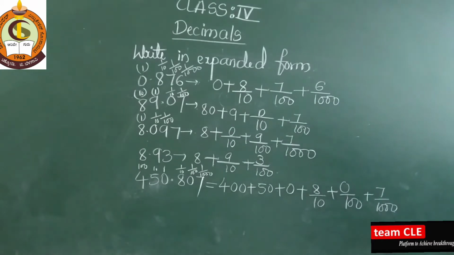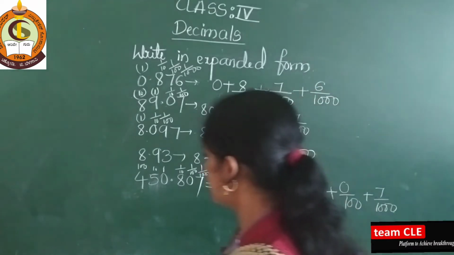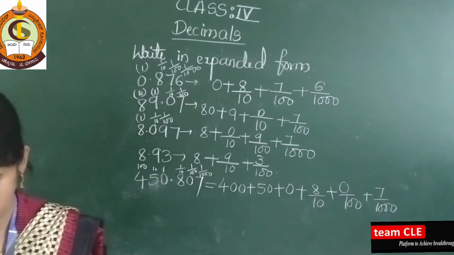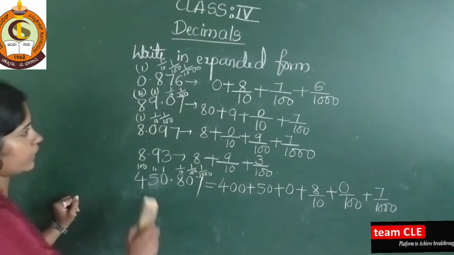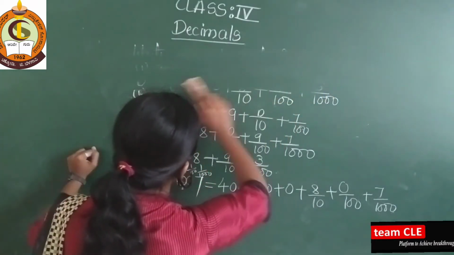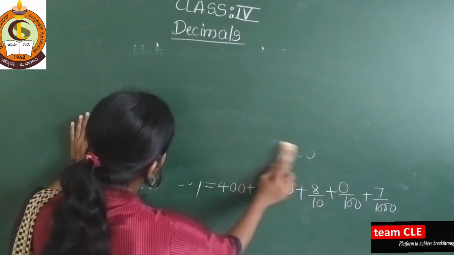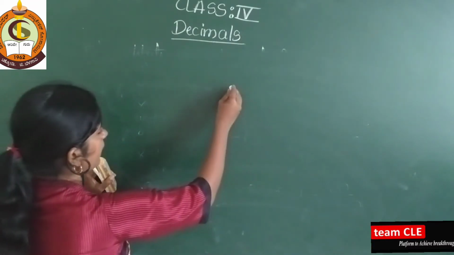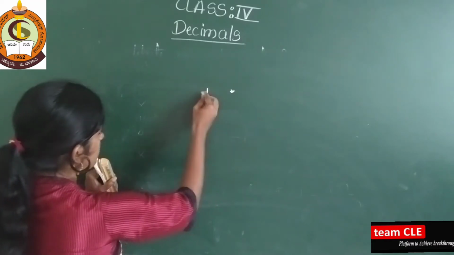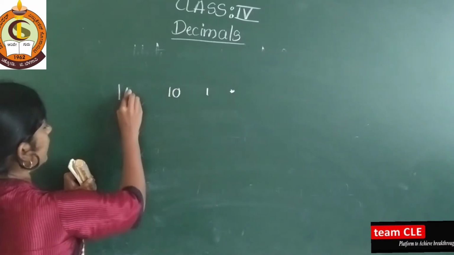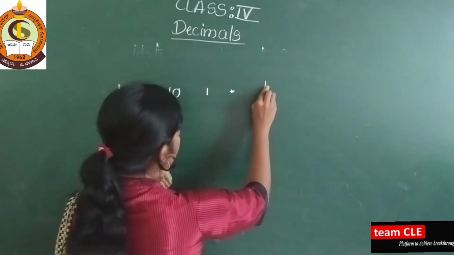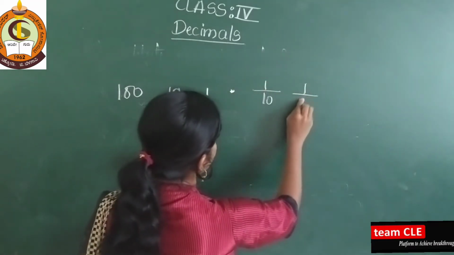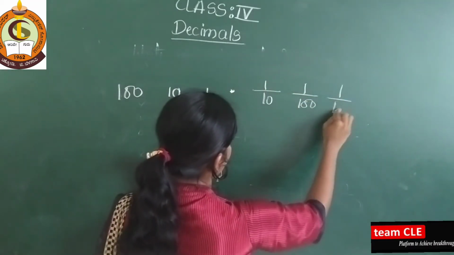This is how you are going to expand the numbers. If you know the place value chart, then you can solve the examples easily. I took some of the examples from your evaluate part. Next, move to the next example. Now they gave the numbers and you expand the numbers. This should be in your mind: the decimal point, ones, tens, hundreds, and here 1 by 10, 1 by 100, 1 by 1000.